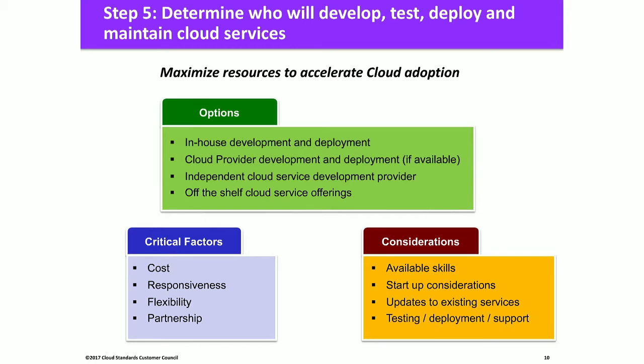Would it be actually better to use development and deployment capabilities that, for example, a cloud provider may have available? Or alternatively, you might look at an independent cloud service development provider. There are plenty of ISVs of that kind out there.